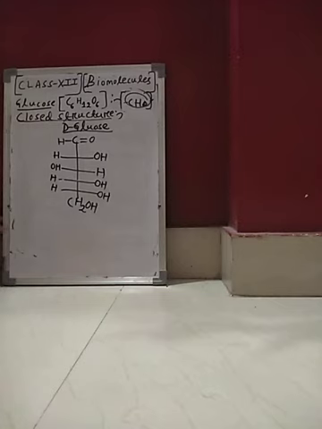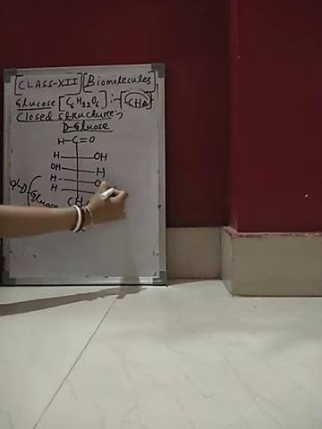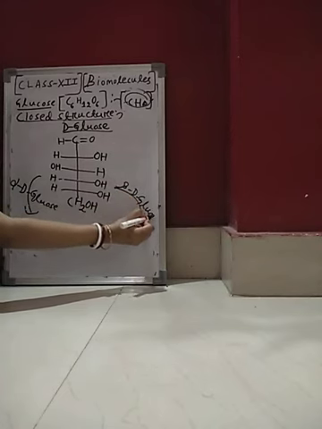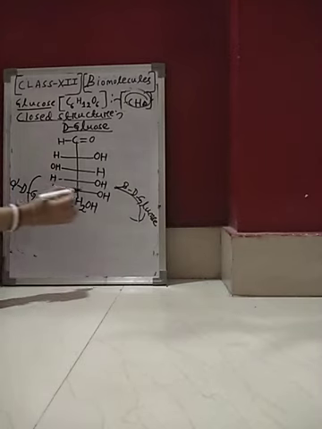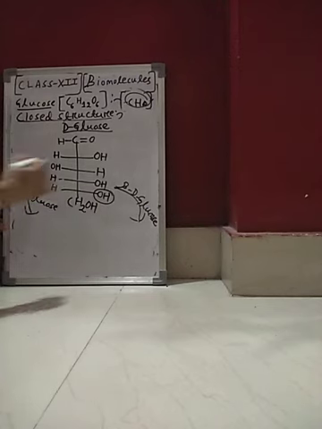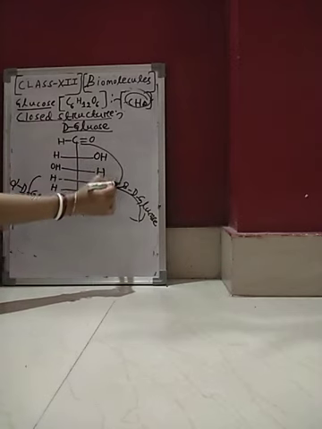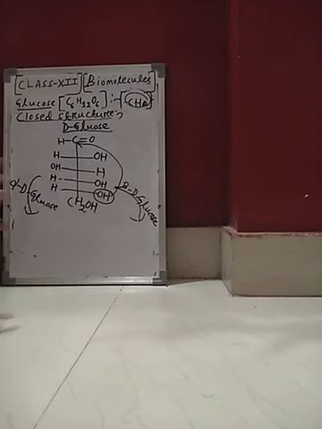In the closed structure, I will get two types of structure, that is alpha D-glucose, and from this structure I also get beta D-glucose. Clear? So how can I get this structure? Here the OH group will move to this carbon atom, it will attach to this carbon atom, and this O will come here.